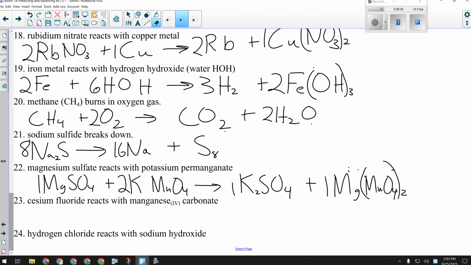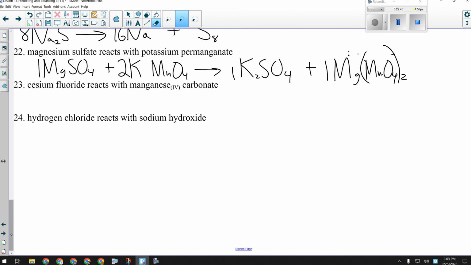All right, for number 23, I've got cesium fluoride, so another ionic compound. Cs for cesium, and that's a +1. It's with fluorine, that's a -1, so that compound's fine the way I wrote it.